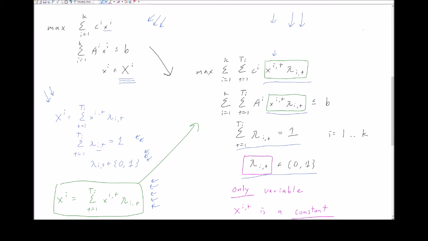We inherit this variable lambda from the new definition of capital Xi. And so what this reformulation technique has done is replace these vectors xi with a new set of variables, lambda i, by explicitly enumerating all the feasible points and writing the xi vector as a linear combination.